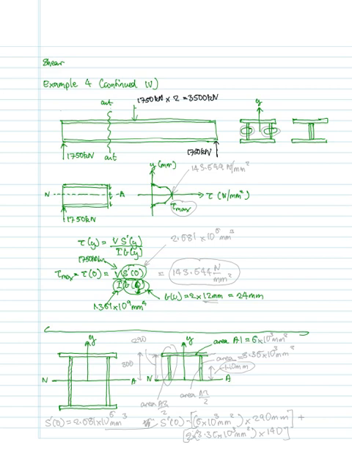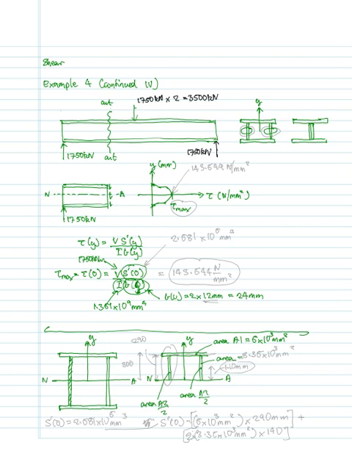So to work that out, we've got our area A1, and we calculated the area of A1 was going to be the breadth of the section, so that was going to work out to be 6 times 10 to the 3 millimeters squared.